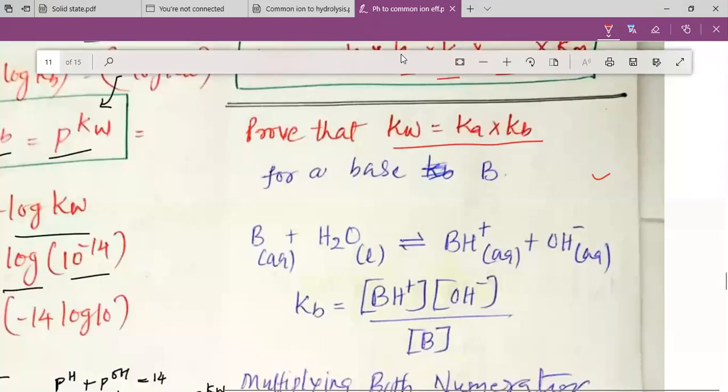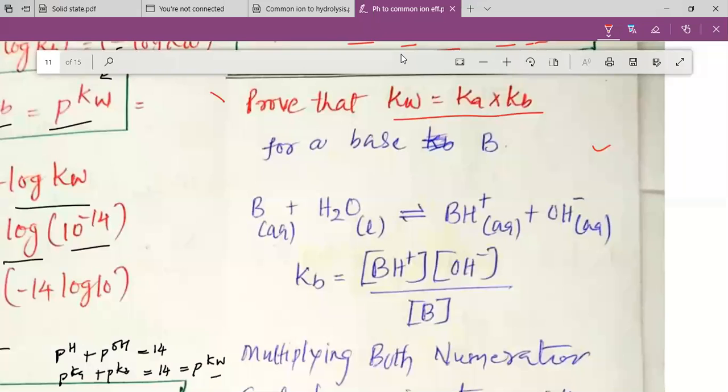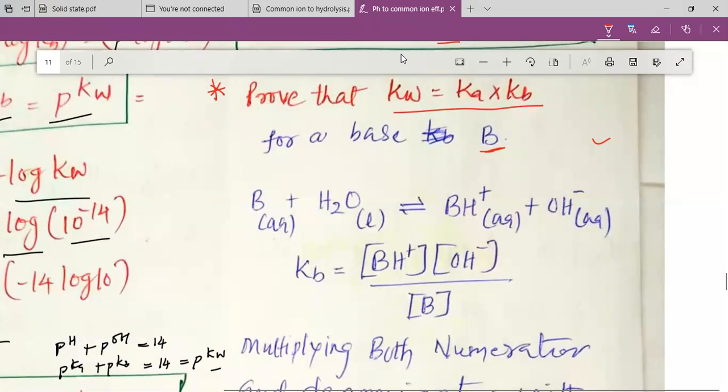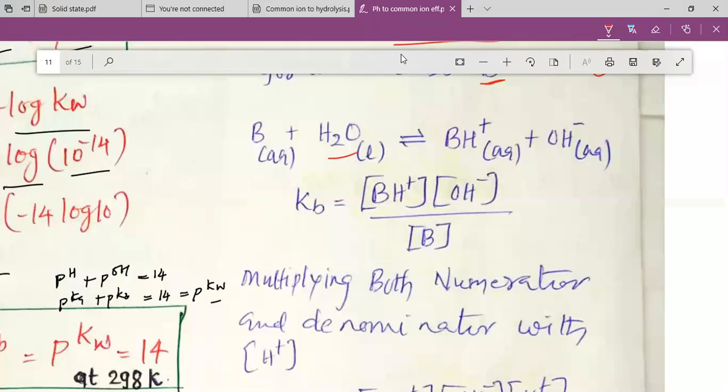Suppose you are asked in the exam to prove that Kw is equal to Ka multiplied by Kb for base B. So for base B, my dear students, we can write that B, when added to water, produces the conjugate acid BH plus and OH minus. Please remember that B and BH plus are a conjugate acid-base pair.